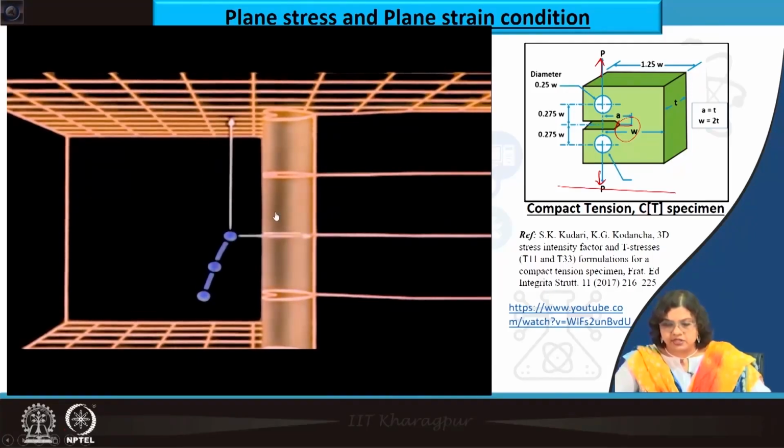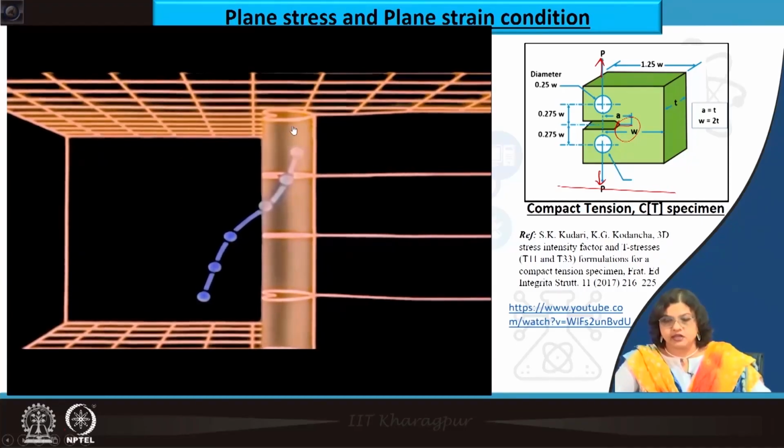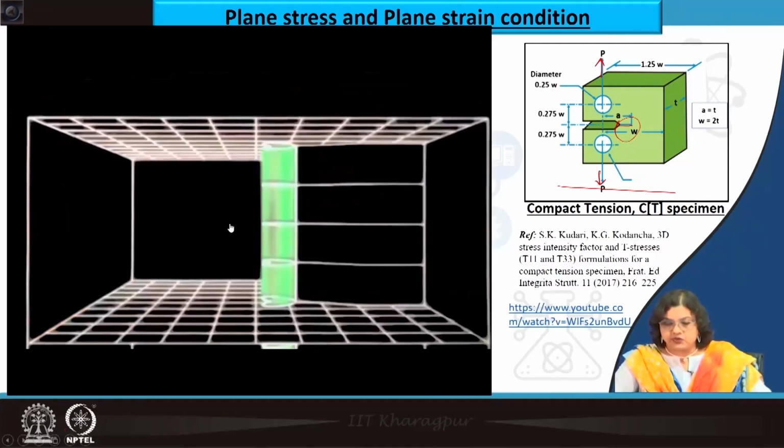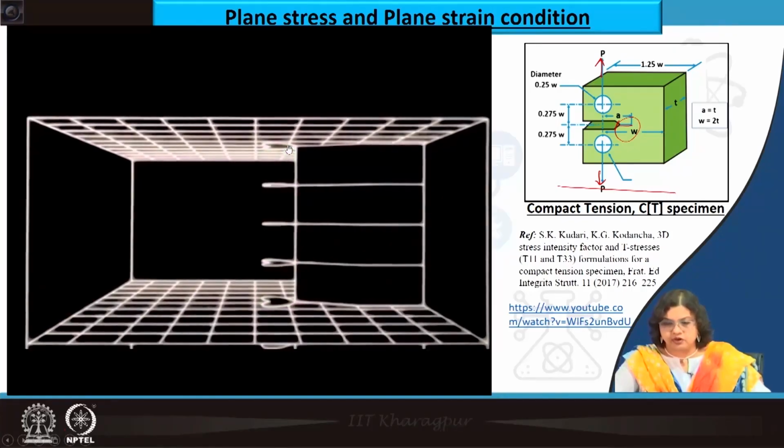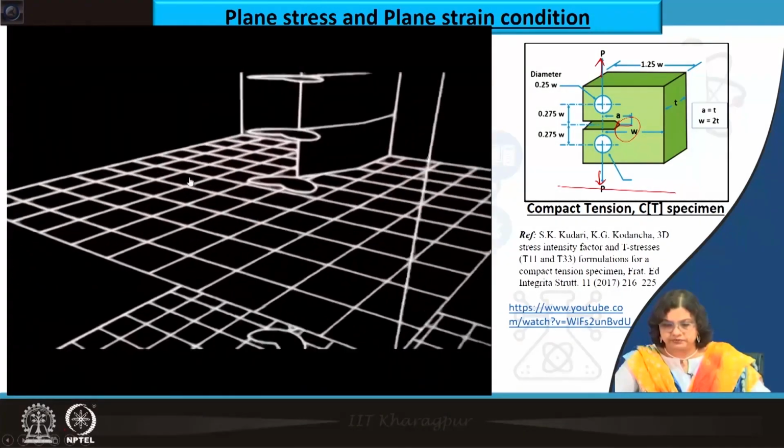In the presence of this plastic zone, these points are actually moving nearer to the surface and nearer to the crack tip to achieve the plane strain condition, and eventually it will be just embedded within the plastic zone itself, leading to the plane stress condition being active towards the surface, and that leads to plane strain in the middle, but plane stress near the surface for a very thick component.